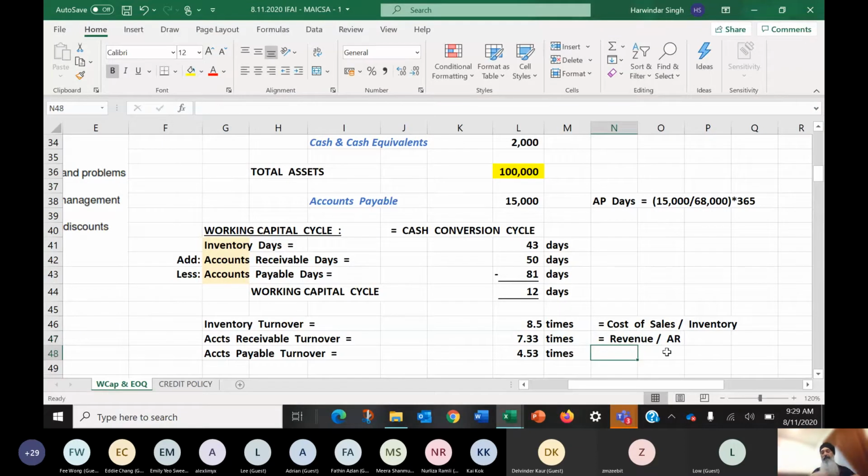You give credit, people pay you, give credit, people pay you. And this turnover, same thing for inventory, is the number of times our inventory comes into our system, is utilized, and then we order again. So our turnover is 8.5 times.